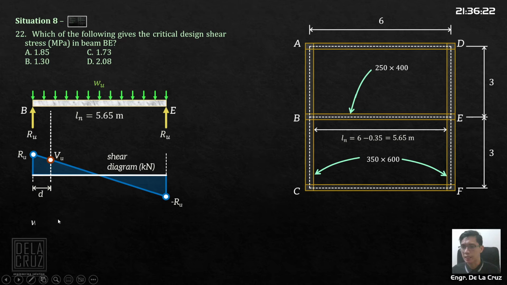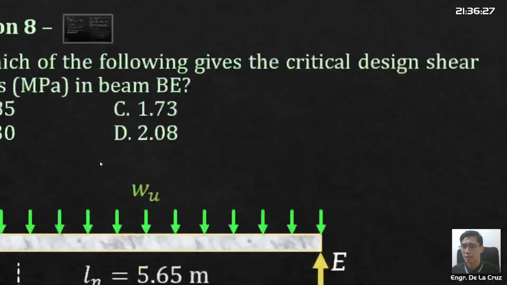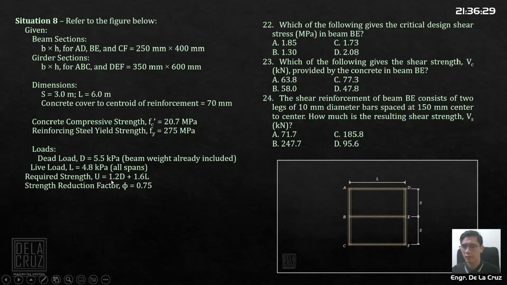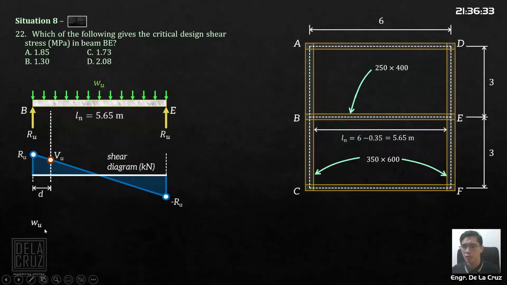Alright, how do we do that? So yung W will be using this combination, load combination, given siya 1.2, 1.6. Right? So that is 1.2 W dead load plus 1.6 W live load.